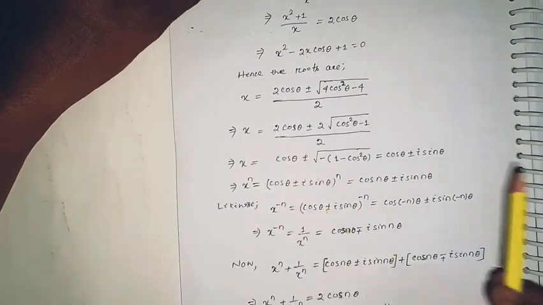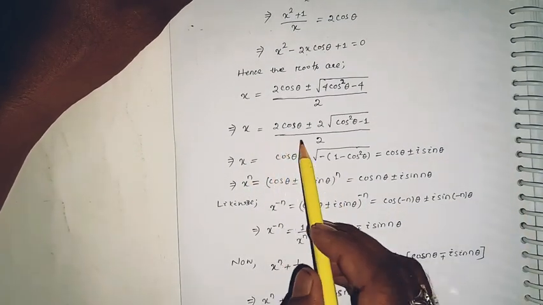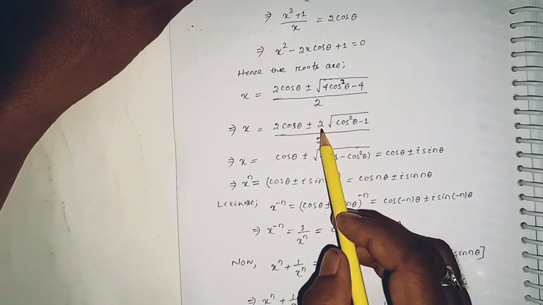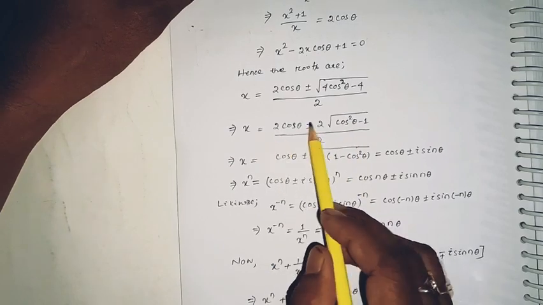So x equals, we can see 2 cos theta, here 4 taken outside of the root gives 2 cos square theta minus 1, and 2 got cancelled.